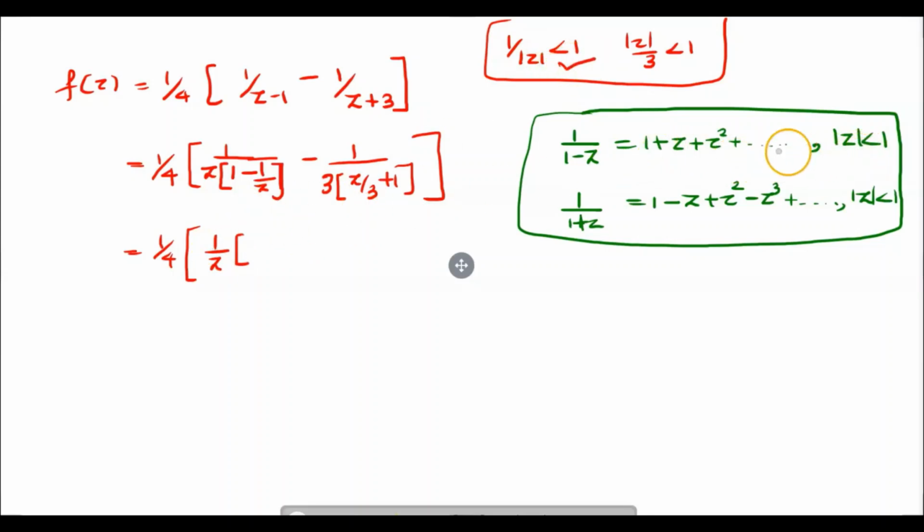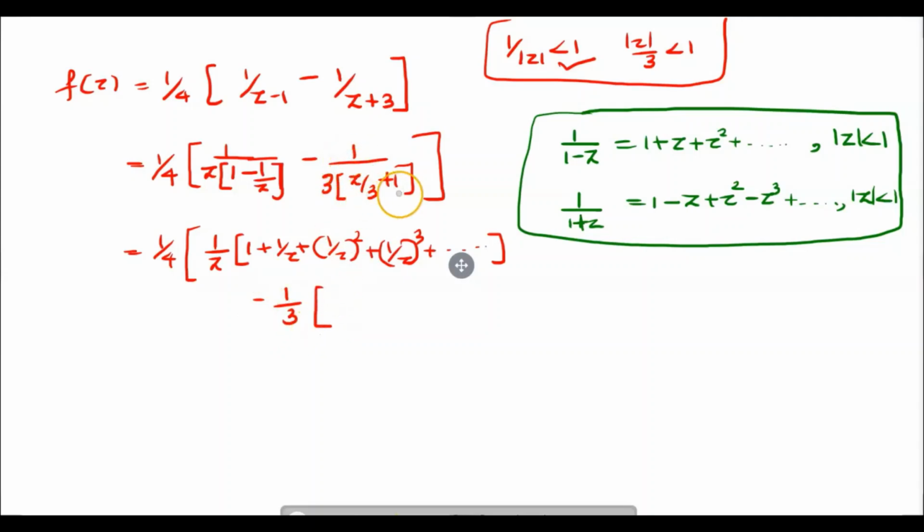For mod z less than 1, 1 by 1 minus z is 1 plus z plus z square etc. So for mod 1 by z less than 1, 1 by 1 minus 1 by z is 1 plus 1 by z and z square becomes 1 by z all square and z cube becomes 1 by z all cube plus etc.